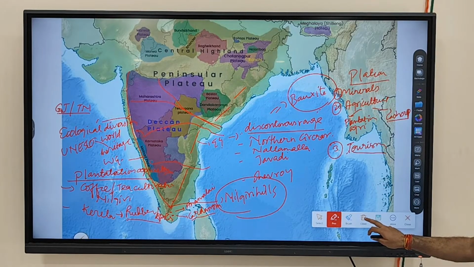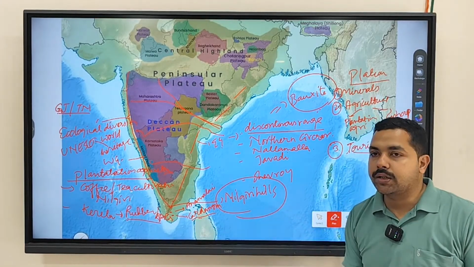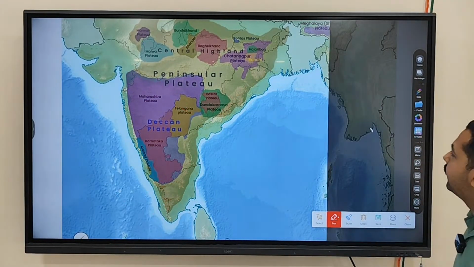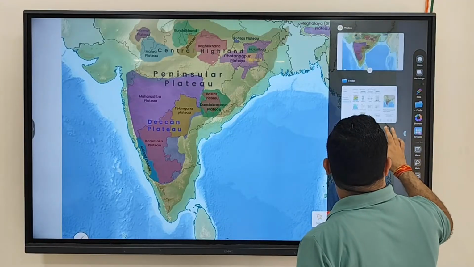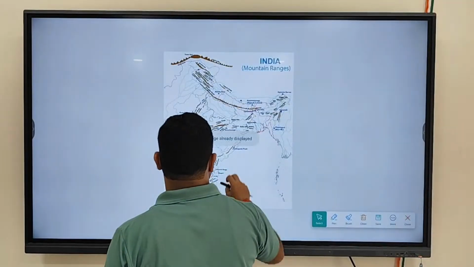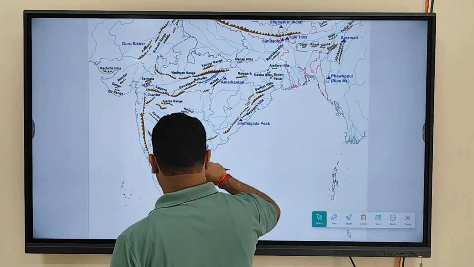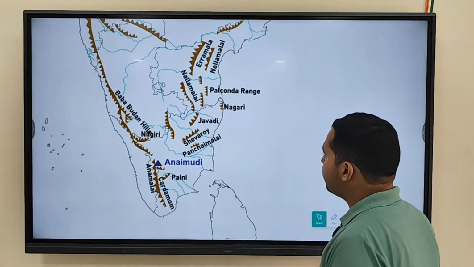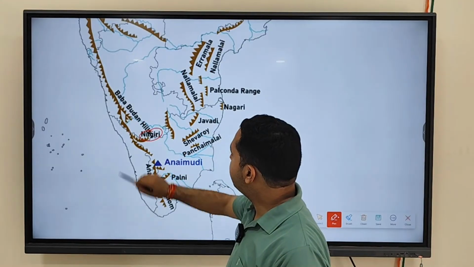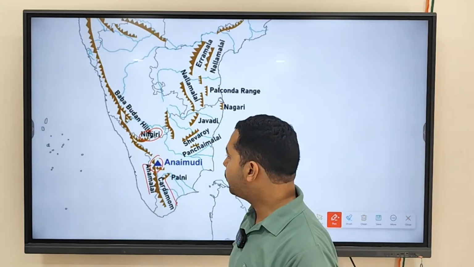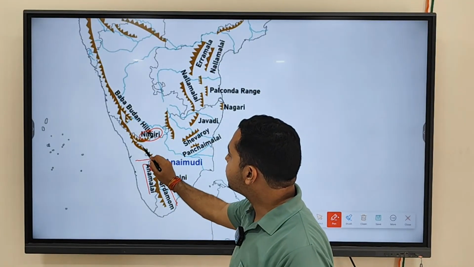Cardamom, C-A-R-D-A-M-O-M, Cardamom Hills. So you can see this is which hills? Nilgiri Hills. Beyond Nilgiri lie which hills? Annamalai Hills and Cardamom Hills. Clear?